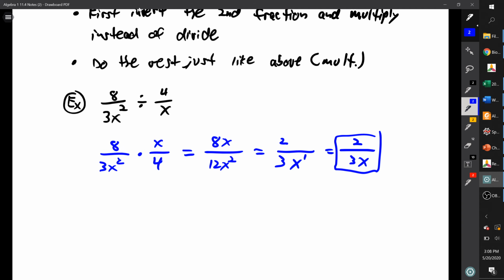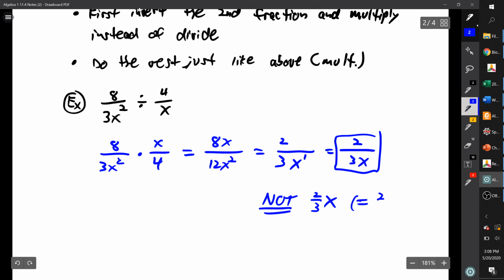Now, a note of caution. The x here is in the bottom. You cannot write this as 2/3 x, because that is the same as 2x over 3. 2/3 x is the same thing as 2/3 times x over 1, so the x goes in the top.